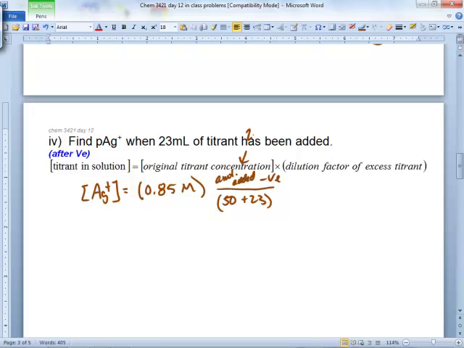So what is it, 23 minus 21.2. Then we'll get our concentration of our silver.